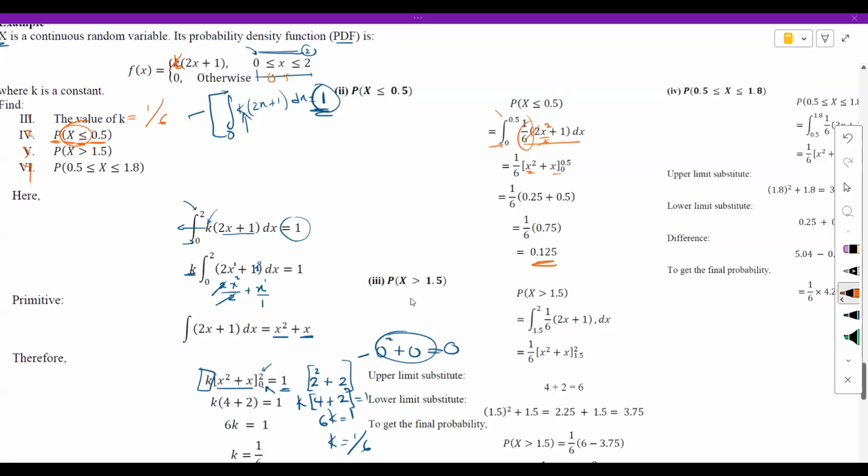The next question: the probability x is above 1.5. Very simple.